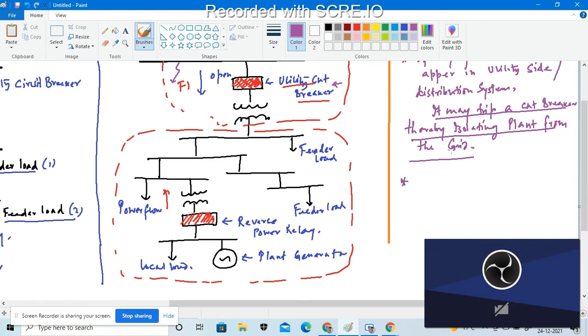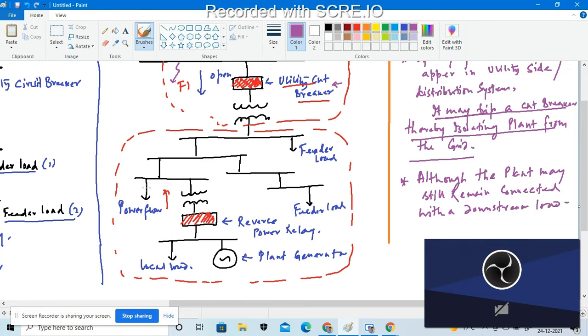So although the circuit breaker disconnects the utility sites and the plant generating sites, the plant may still remain connected with the downstream load. Downstream load means whatever load is connected in this particular plant generating site. Several loads are connected in this plant generating site. So although there is a disconnection from the utility sites, the plant may still remain connected with a downstream load.